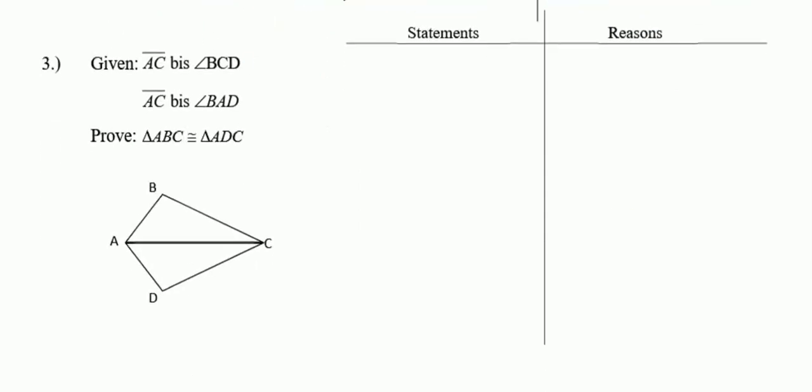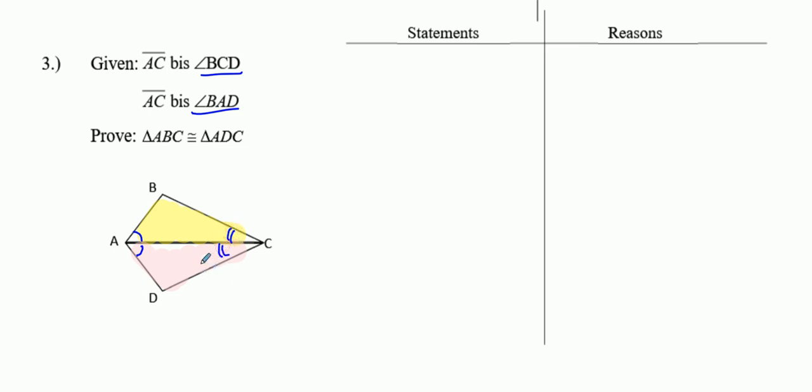Without going entirely through number 3, this one's going to work out very similar to the last one. If I want to show triangle ABC and triangle ADC are congruent, I'm given AC bisects both angle BCD and angle BAD. So that means both BAC and DAC will be congruent to each other, and BCD will be divided into 2 congruent angles also.